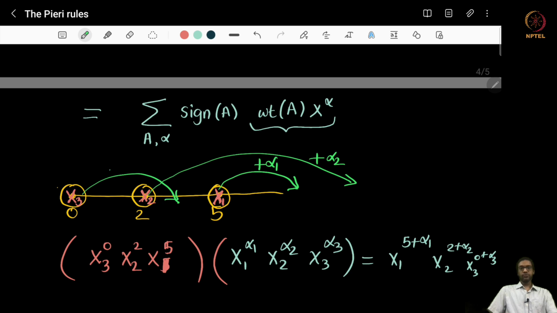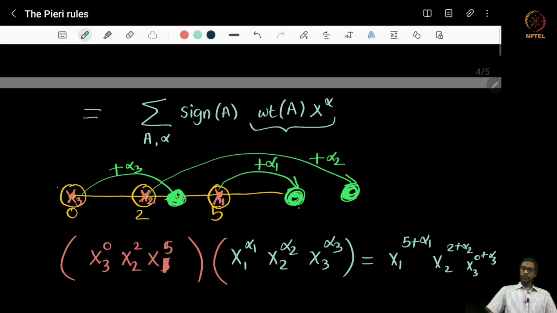You should think of multiplication by a monomial x to the alpha as performing the following operation. You take the original labeled abacus and move each bead by alpha 1 spots, alpha 2 spots, and alpha 3 spots to the right. Once you do this, the abacus changes: x1 is now here, x2 is here, and the bead x3 is here.